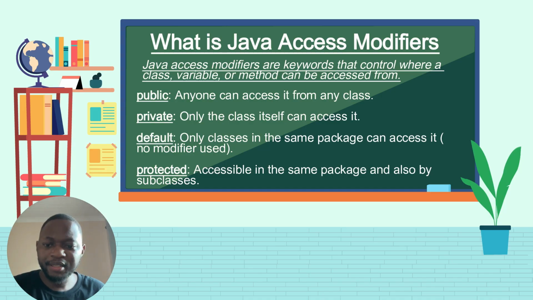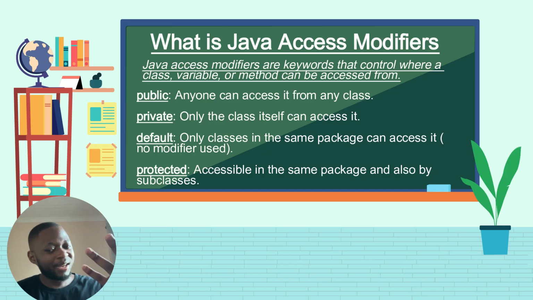Yeah, it makes your job quite easy. So yeah, the default means that that variable can only be accessed in the same package, by the classes in the same package. Classes on other packages won't be able to access that variable.